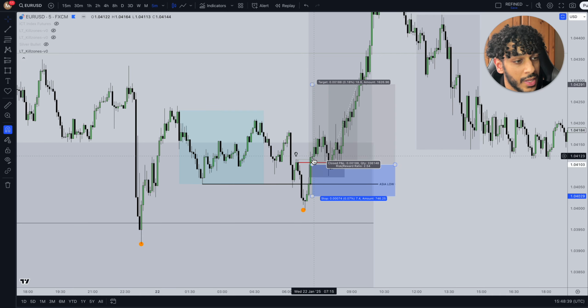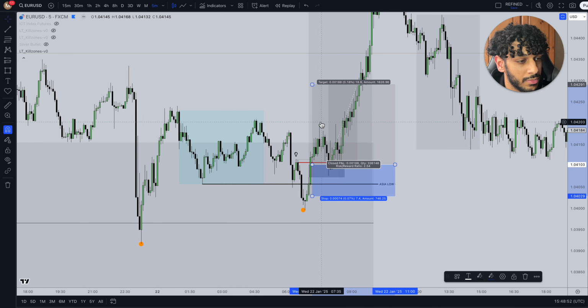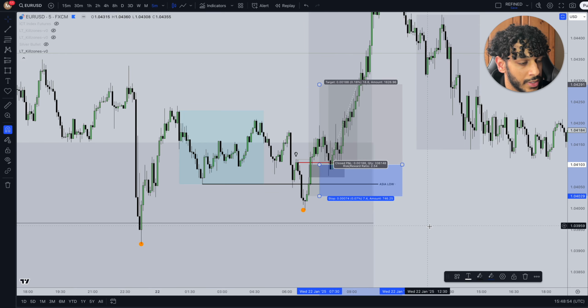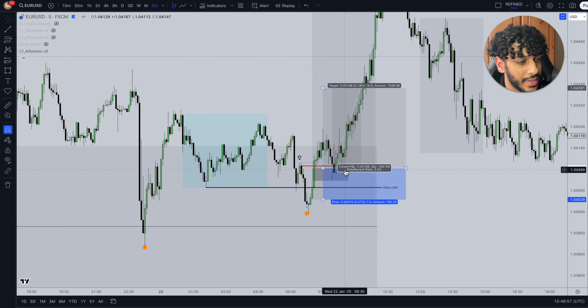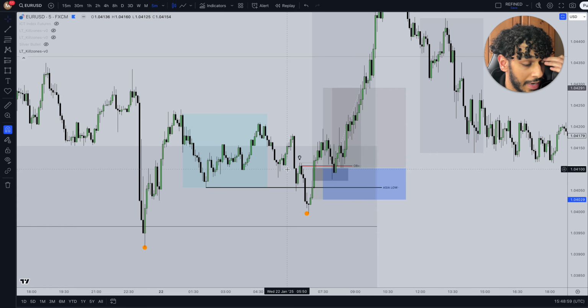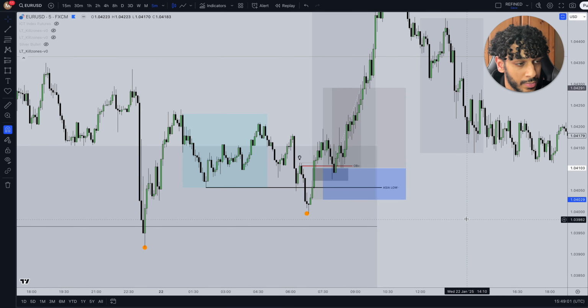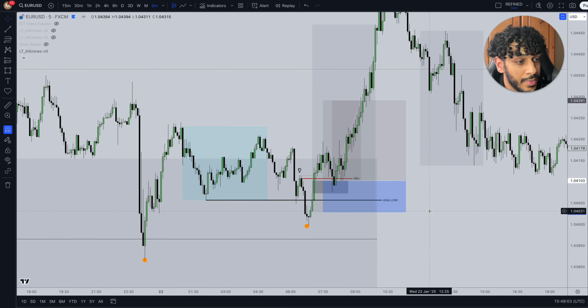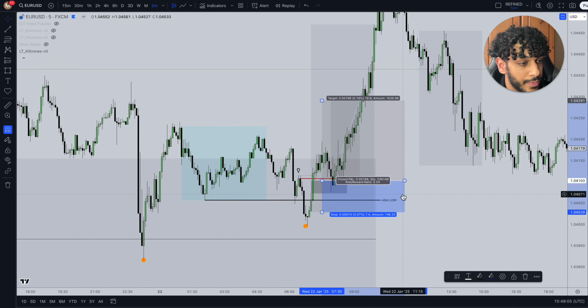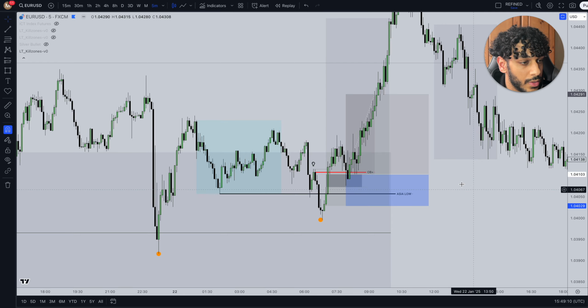Even after this market structure shift and where I put the limit on, we ran away for about 25, 30 minutes, nearly an hour, running in my favor, but I just wasn't inside the trade. I was still aware that this trade is still valid for me. If this does come back, wick me and push higher, I still need to keep my limit on because, like I said, the idea is still valid. So I kept my limit on.